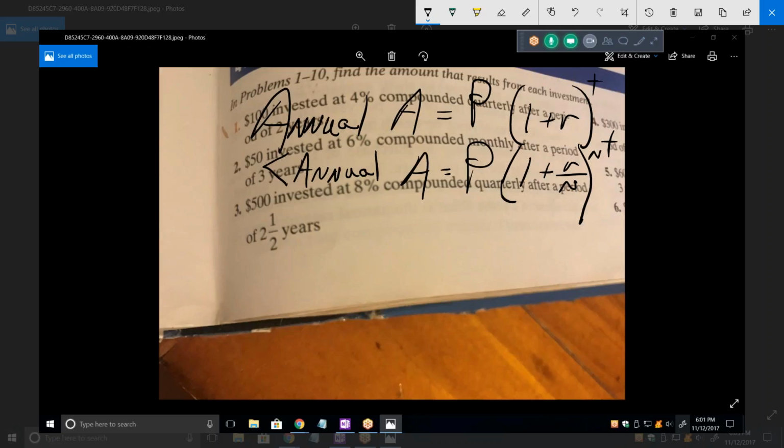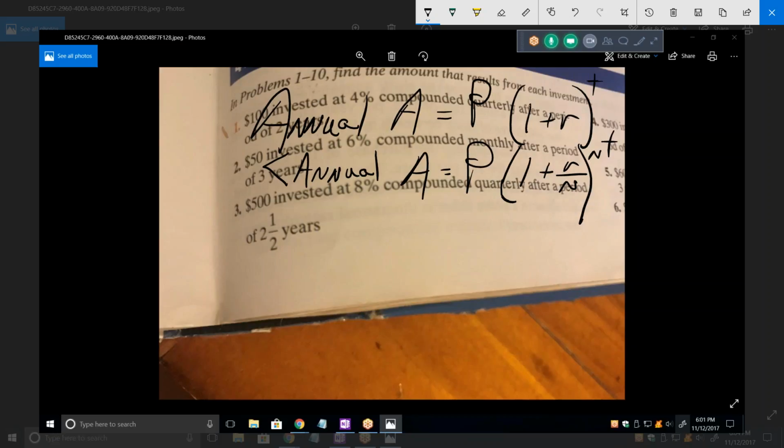If you're compounding quarterly, what is n? n is 4. If you're compounding monthly, n is 12. If you're compounding daily, n is 365. n is the number of times per year that you're compounding.